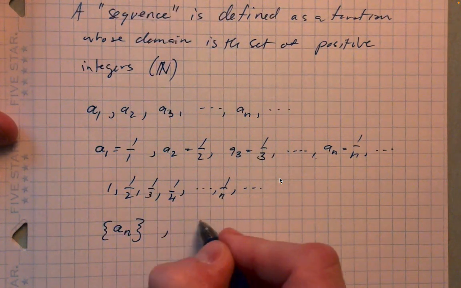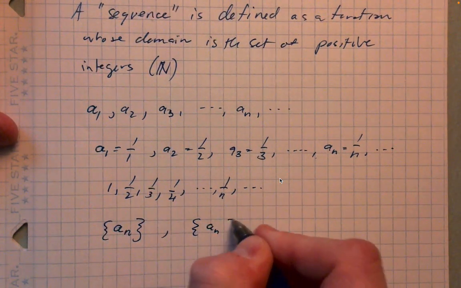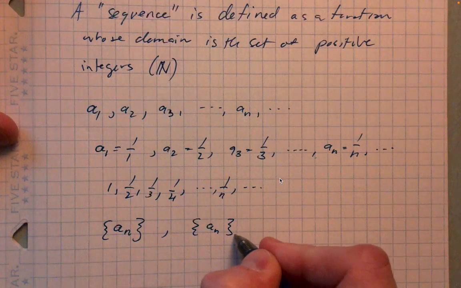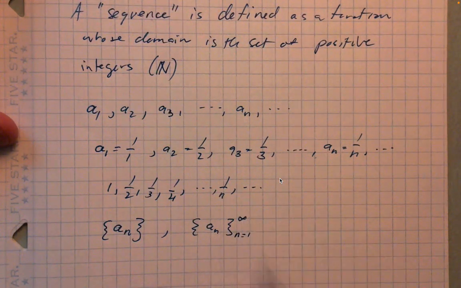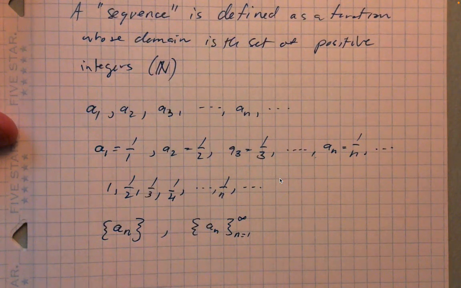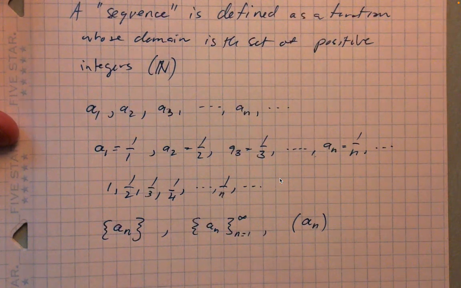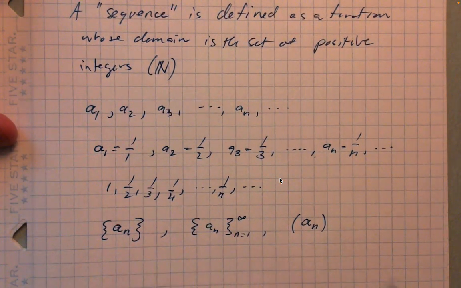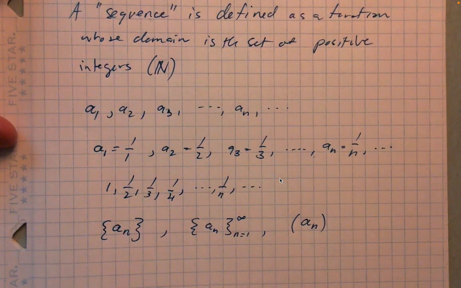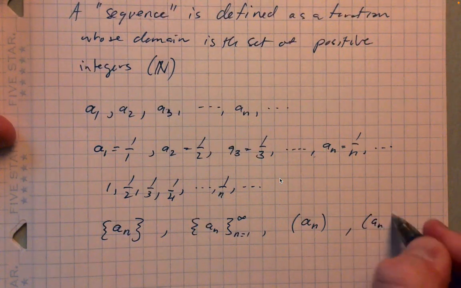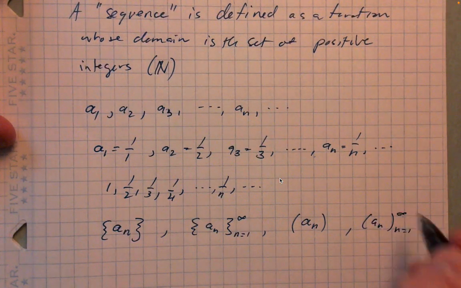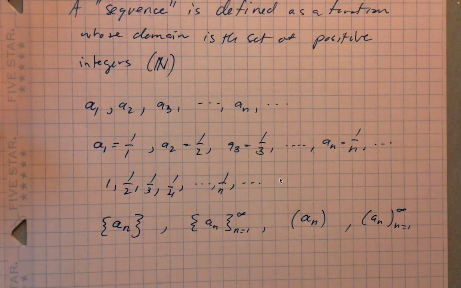Another way you might see is putting on the indices, so the sequence a_n where n is equal to 1 to infinity. Occasionally you'll see just a_n inside parentheses without the brackets. These are just different ways to denote the same thing.